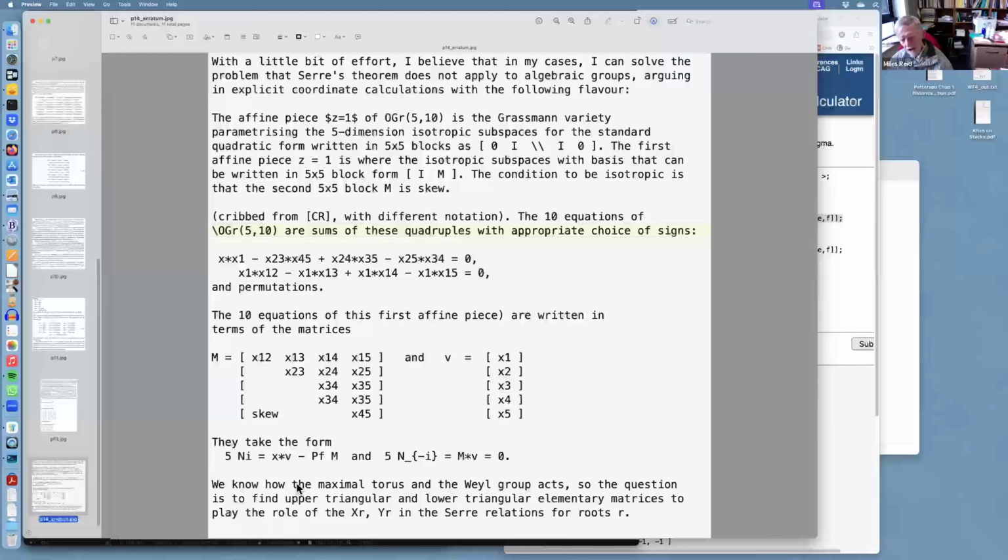I claim that with 1 or 2 hours of study, I'll be able to find elementary matrices here, matrices that are essentially diagonal plus 1 upper triangular block, and that these will play the same role as the H, X, Y in the Serre relations for roots.